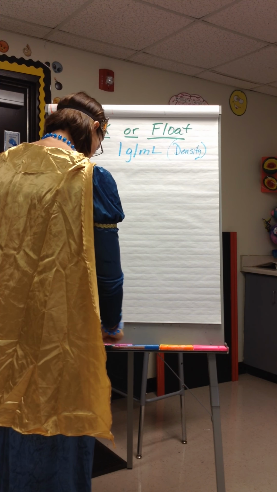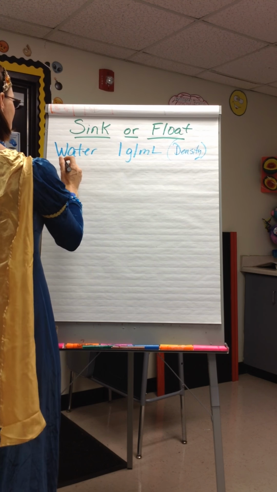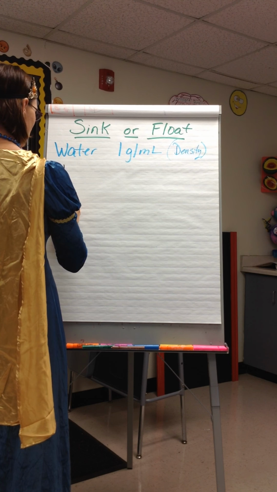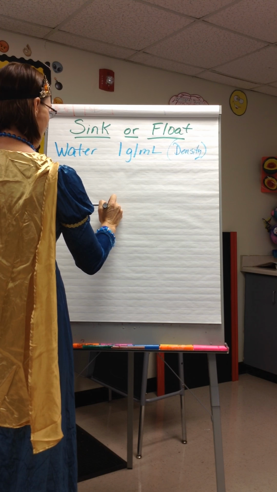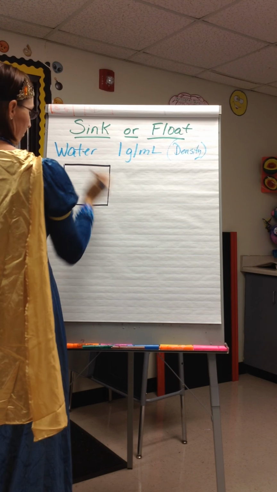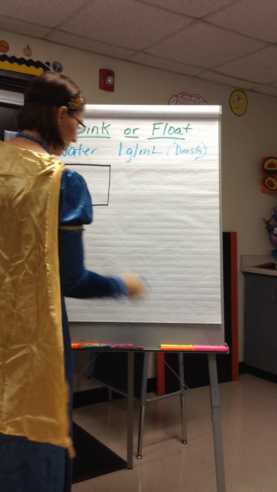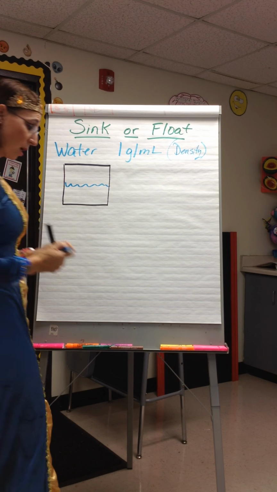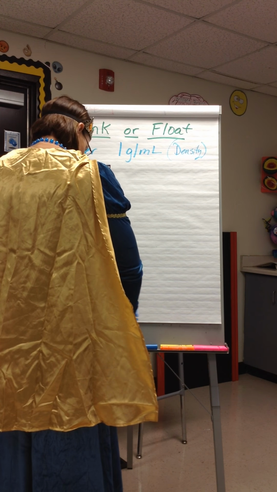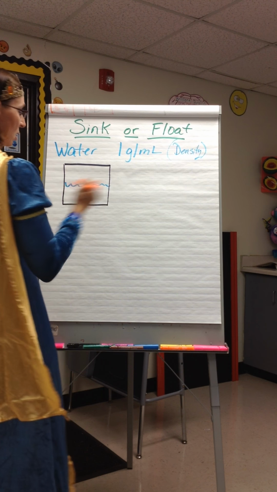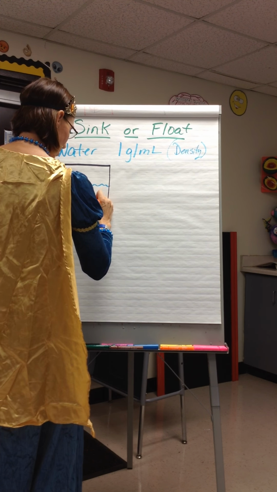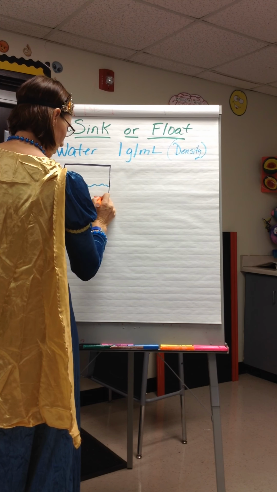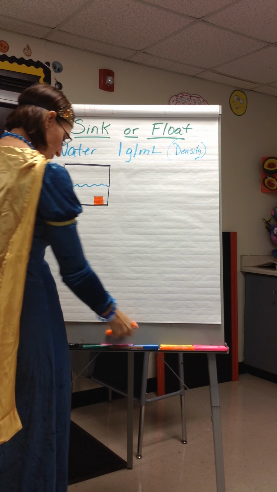Okay, so if I draw a tank, some type of tank, and then, it doesn't matter what shape it is, I'm going to put one shape down here, one shape up here, and one here.